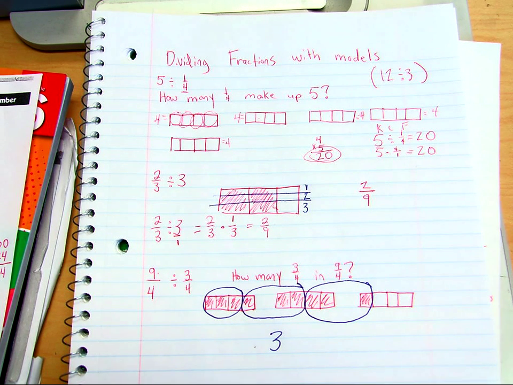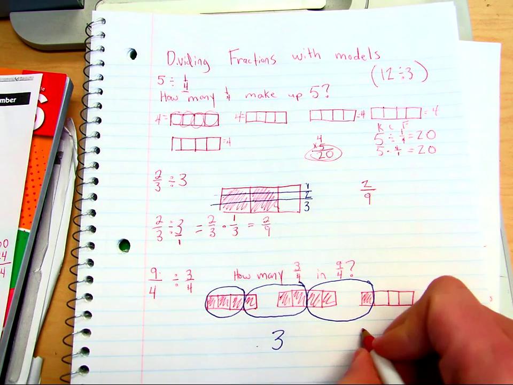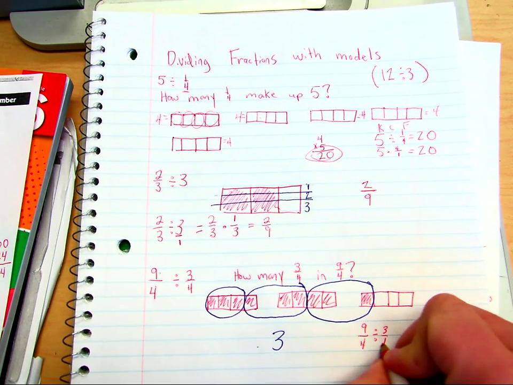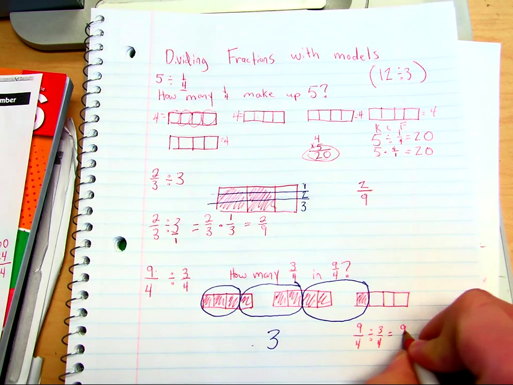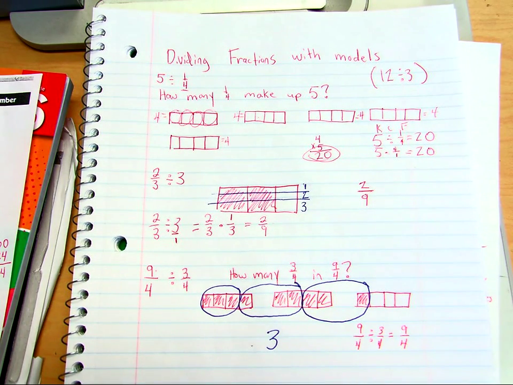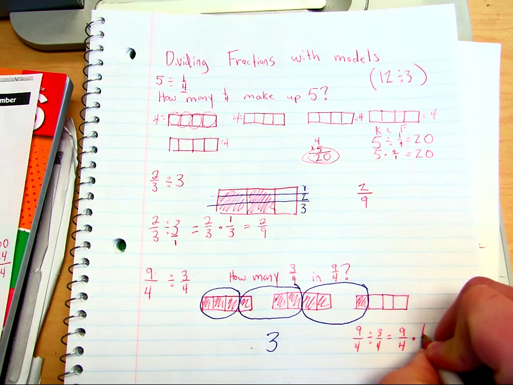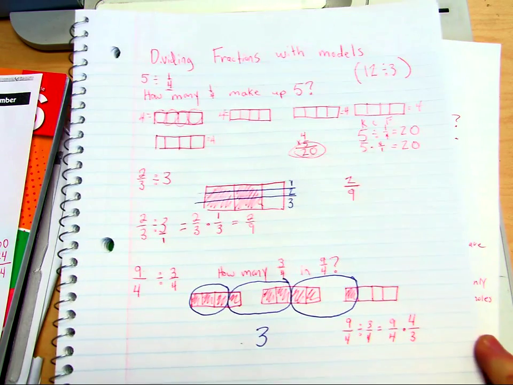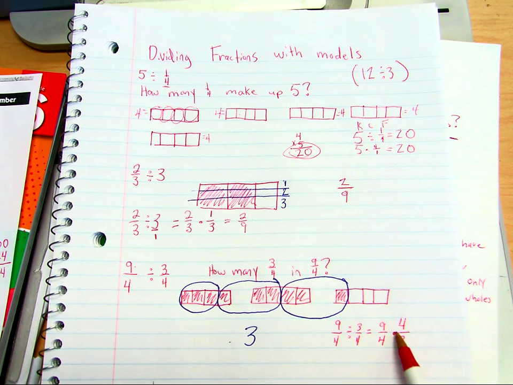The other way that we've been talking about, 9/4 divided by 3/4 is the same as multiplying by its reciprocal. Reciprocal is also known as its inverse, 4/3. A cool thing you can do, when we're multiplying, is reduce beforehand by looking at the cross products.